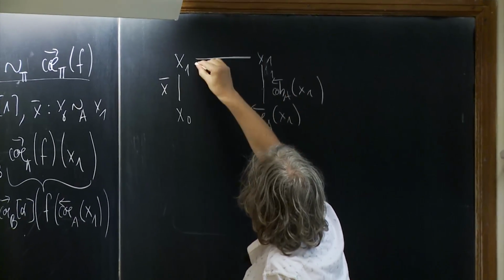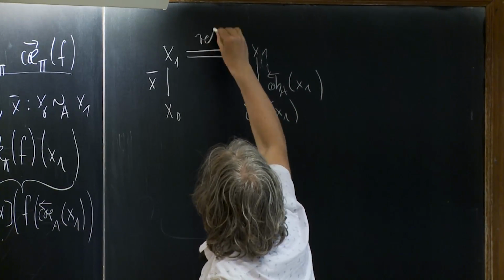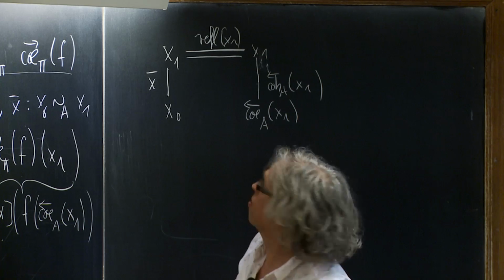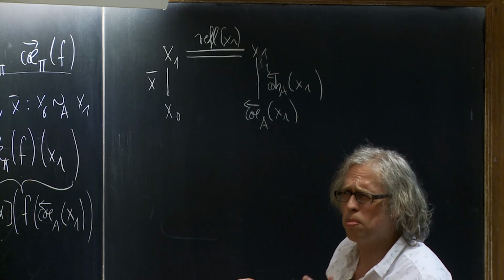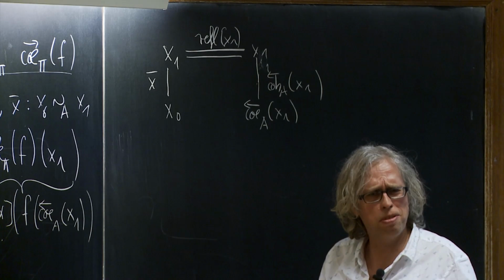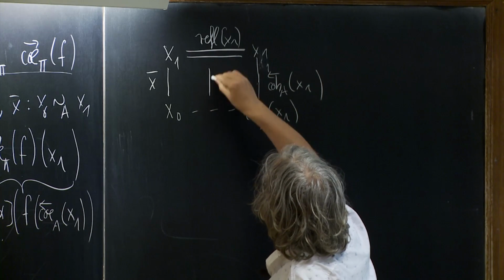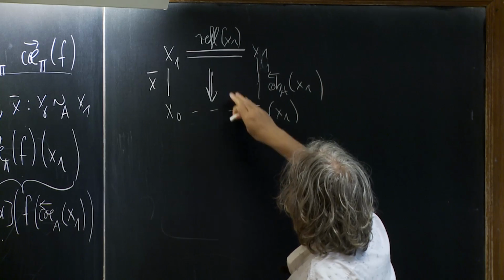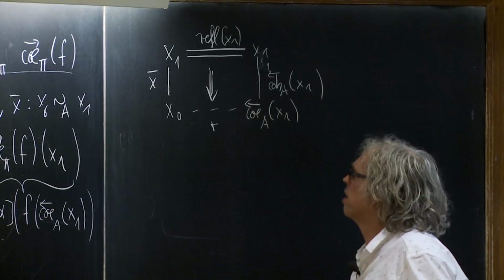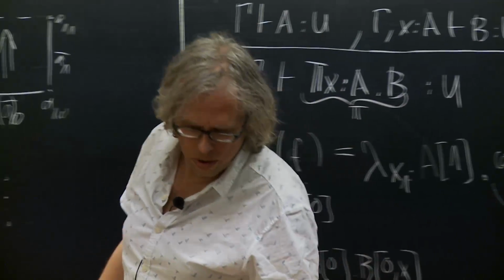But I also have a reflexivity of x1. So I'm getting something of this form. Okay, it's the other way around, but I have some rotation somewhere up my sleeve, which I'm going to apply. So I'm constructing this term and this filler here.